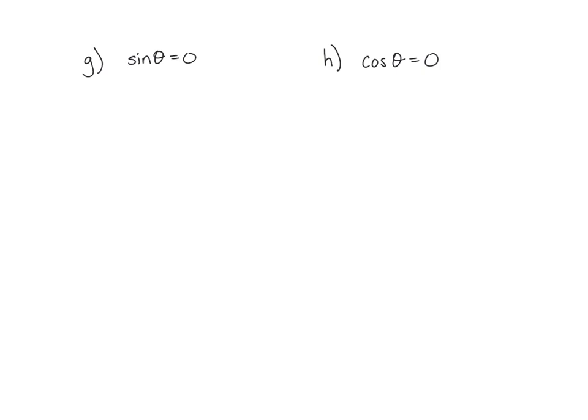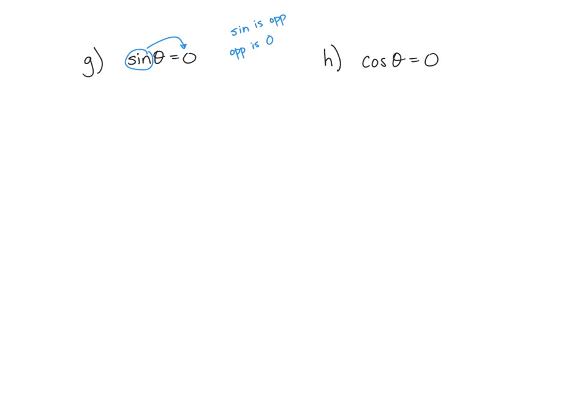So you'll notice I've now given you sine. For what angles of theta does sine have a ratio of 0? So we know that sine is opposite over hypotenuse. So our opposite side is 0.